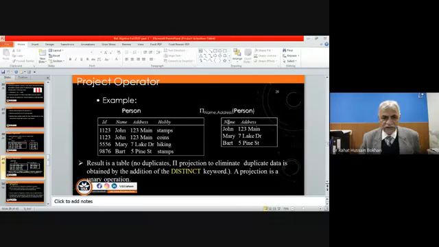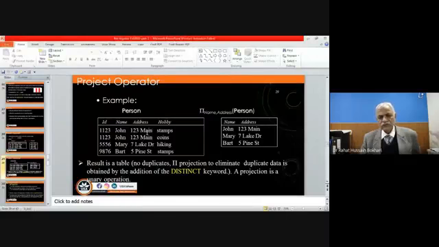In the original table you have seen 2 rows, 1 2 3 John 1 2 3 Main Street, and again 1 2 3 John 1 2 3 Main. Now you have to see that name and address are duplicated in the 2 rows. Am I right? So if we eliminate the duplicates, it will write this only once, because if I need name and address, it is sufficient to get it once. Why should I get it twice? Because it is the same thing.